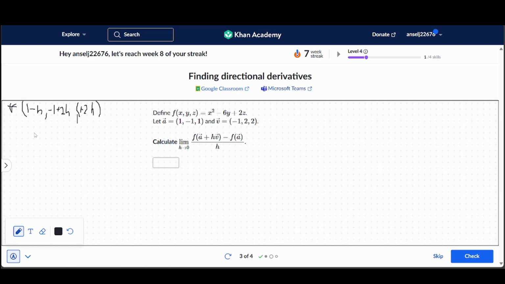This thing, what is that? That's just 1 plus H squared. Right? Now we're just gonna FOIL it out. Minus H, because I forgot. Oh, we're getting speed. We're getting efficiency.